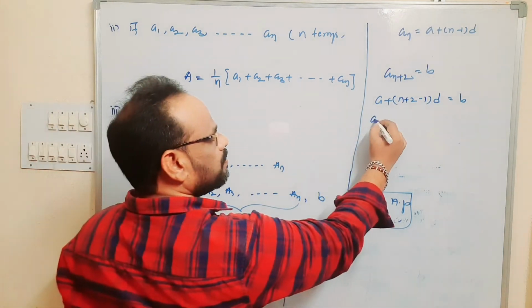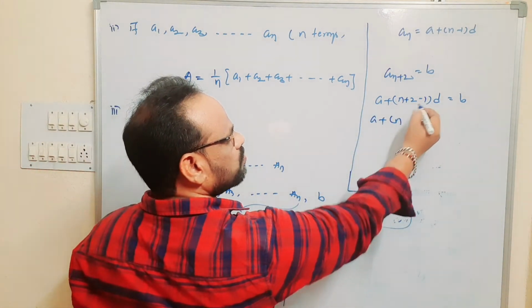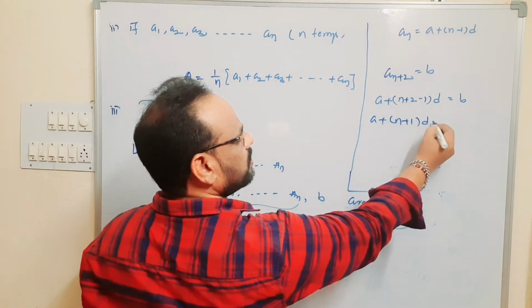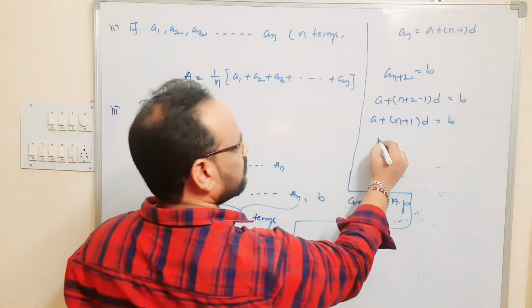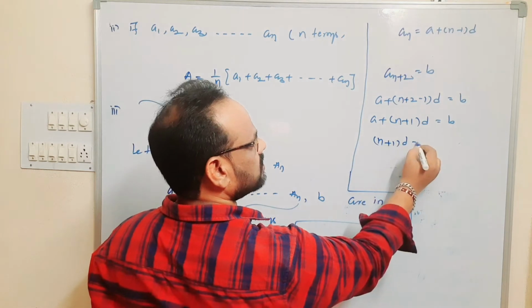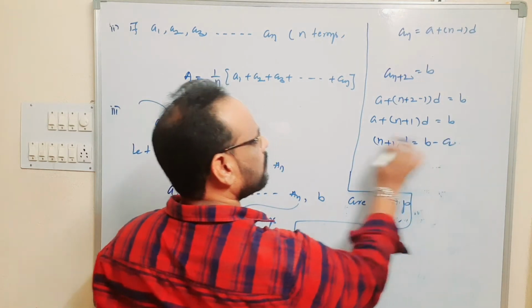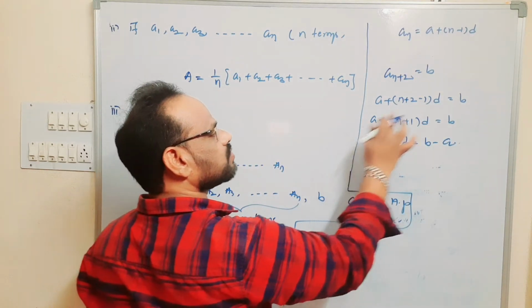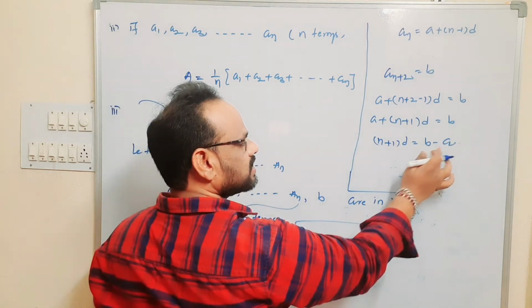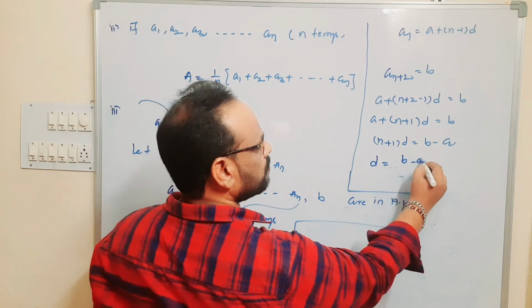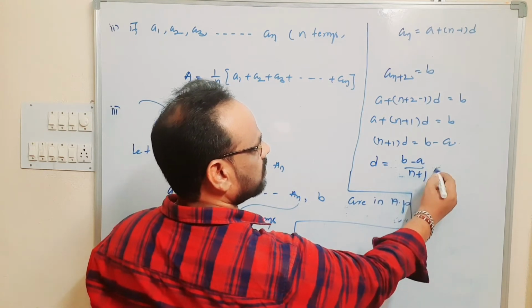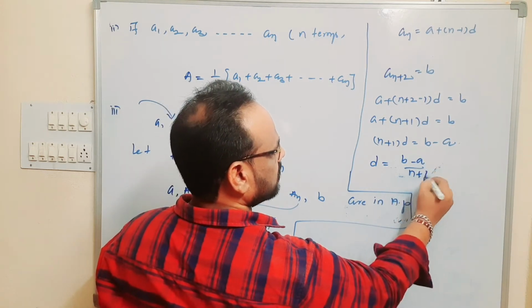Here n plus 2 minus 1 is nothing but n plus 1, so a plus n plus 1 into d equals b. We want d, the common difference. Transposing a from LHS to RHS, it becomes minus a, so n plus 1 into d equals b minus a. The common difference d is equal to b minus a by n plus 1.